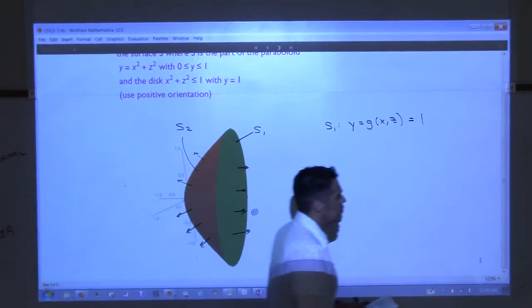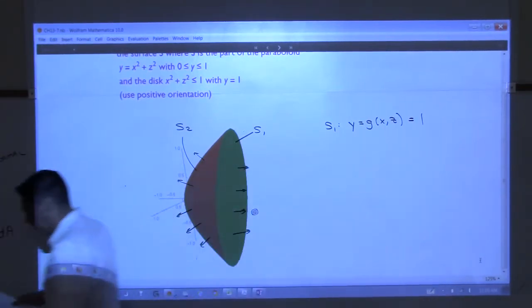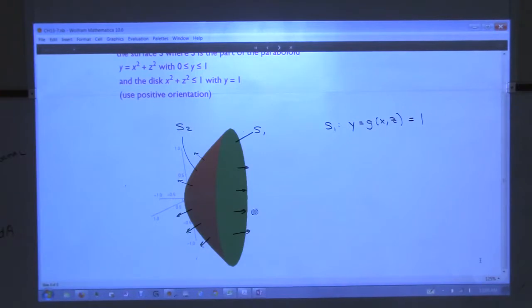And then our last formula, I'll put over here, is if we have what's left? X is a function of y and z. Then it becomes the double integral over D of P minus Q partial g with respect to y minus R partial g with respect to z dA.